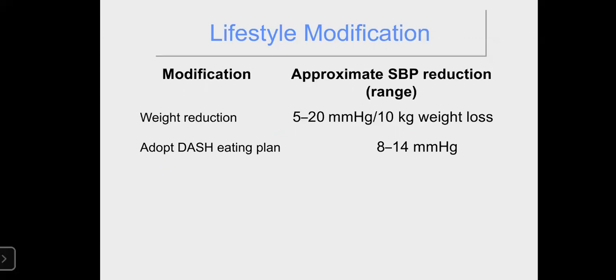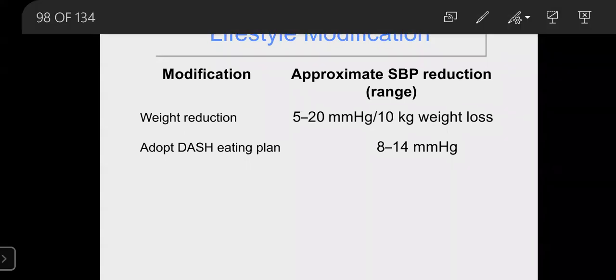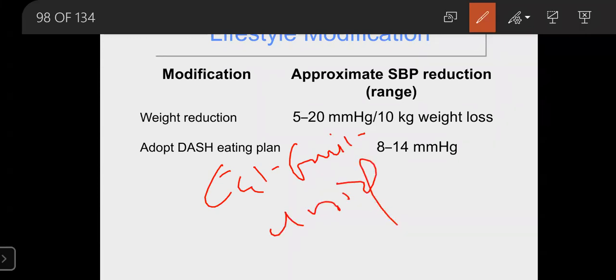So the most important thing that we can do to reduce the blood pressure is weight loss. After it, healthy eating. DASH contains: the patient must eat fruit, avoid fat, eat vegetables, and avoid salt.